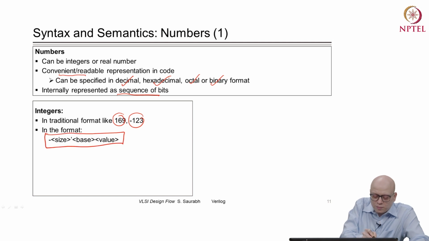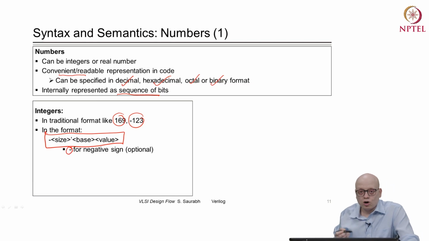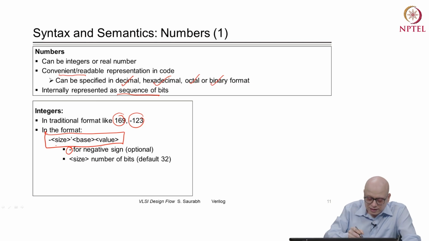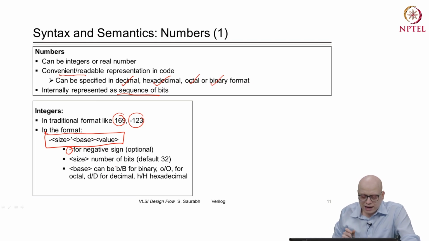So what is this format? The first character is minus, for the negative sign. It is optional. And then we have the size. The size defines the number of bits, default is 32, and base defines the base of the number.